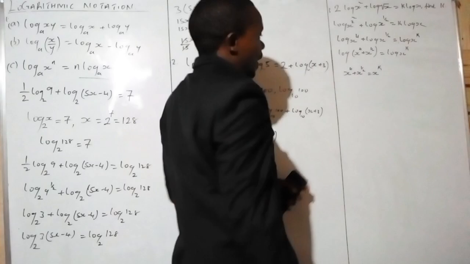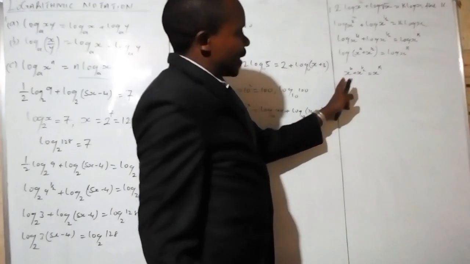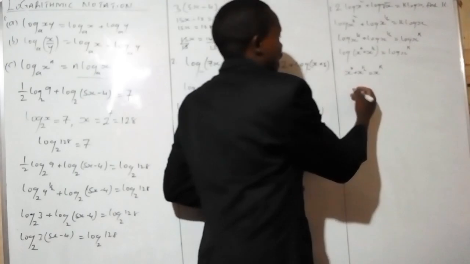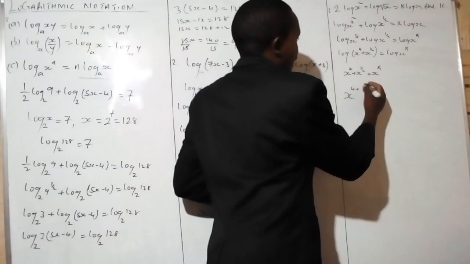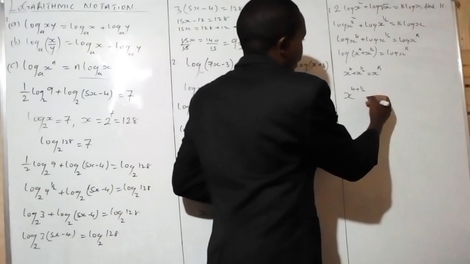Then, since the bases are the same, pick a single base x and add the powers. x to the power 4 plus a half is equal to x to the power k.